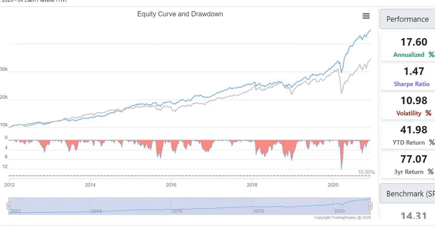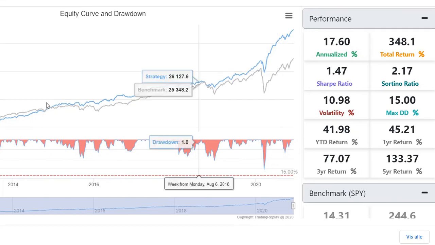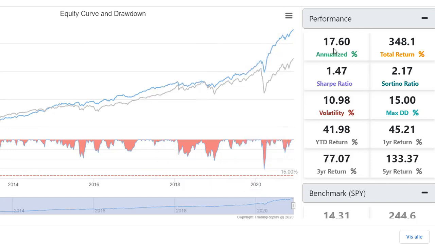When we're looking at the overall market here, let me just drag this one in. You can see that over the last 8-9 years, this one has had an annualized return of just above 17%. Now this is without the trading costs, so we are around about 1% lower, so 16.5% it should actually be here annualized.